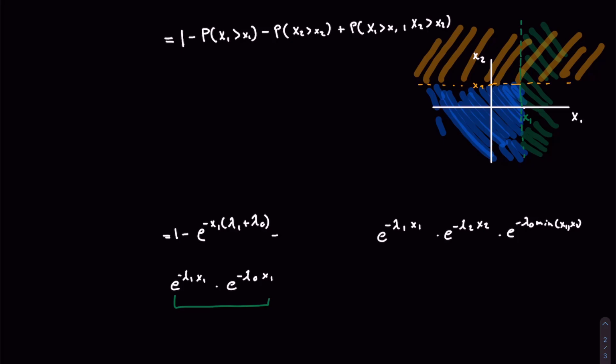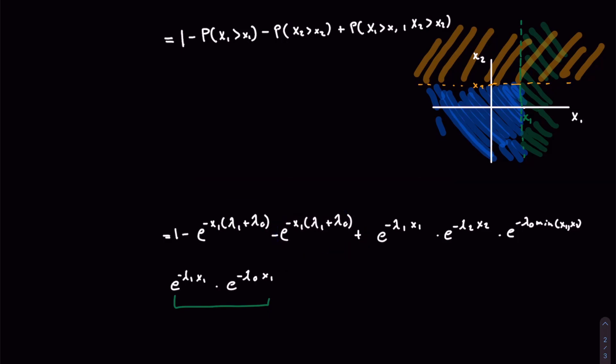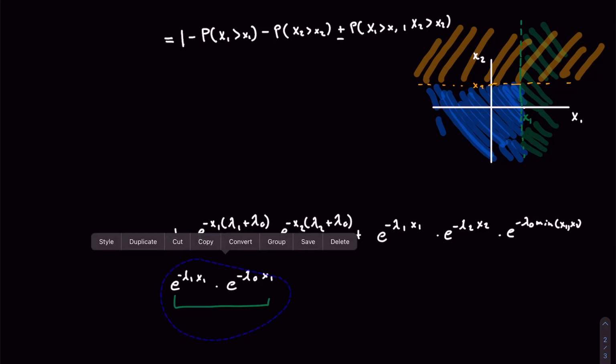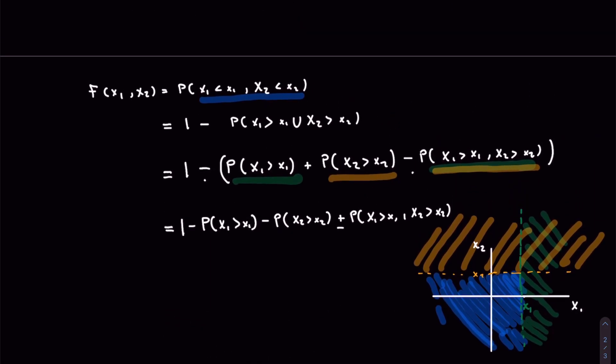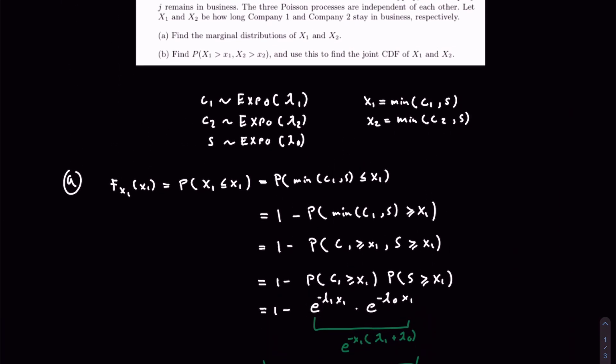So let's copy this. And here we have a plus sign, because we have a plus sign there. This is a minus. And now we are in the domain of the second component, so this is 2, 2, like that. And this is indeed the expression that we were asked to calculate for finding the joint CDF of x1, x2.